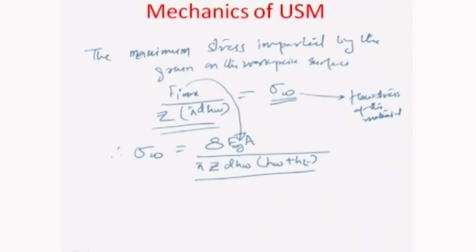It is quite reasonable to assume that the depth of penetration is inversely proportional to the flow stress of the material as long as the load and the indenting sphere's diameter remain the same.